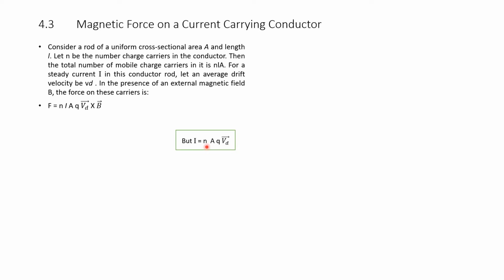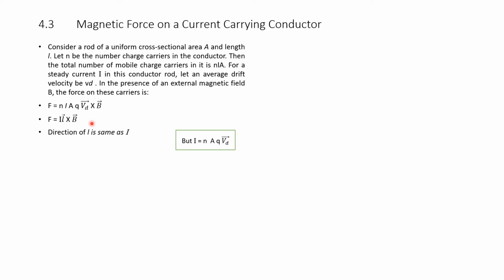So, if you substitute I is equal to n into A into q into Vd, then we will get the equation F is equal to I L cross B. This is the equation for force on a current carrying conductor.